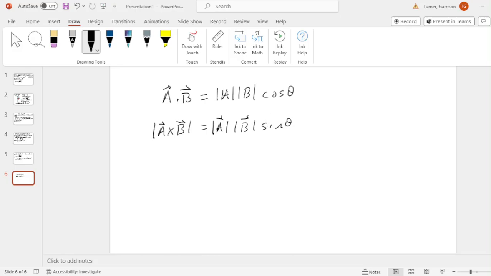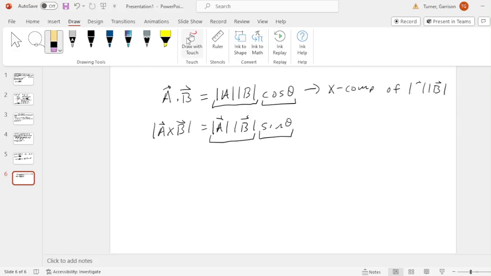So in a sense, you have the same number, magnitude A times magnitude B, times cosine theta and sine theta.